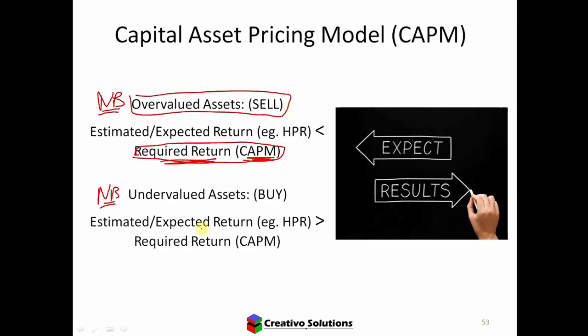If the expected return is greater than the required return, then you have an undervalued asset, and that is a buying opportunity.